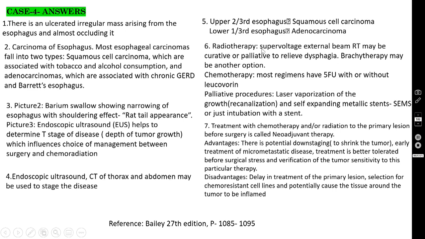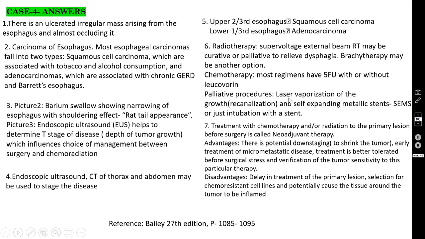You can do radiotherapy, that is super voltage external beam RT, which may be curative or palliative to relieve dysphagia. Brachytherapy is another option. Chemotherapy: most of the regimens have 5-fluorouracil with or without leucovorin.